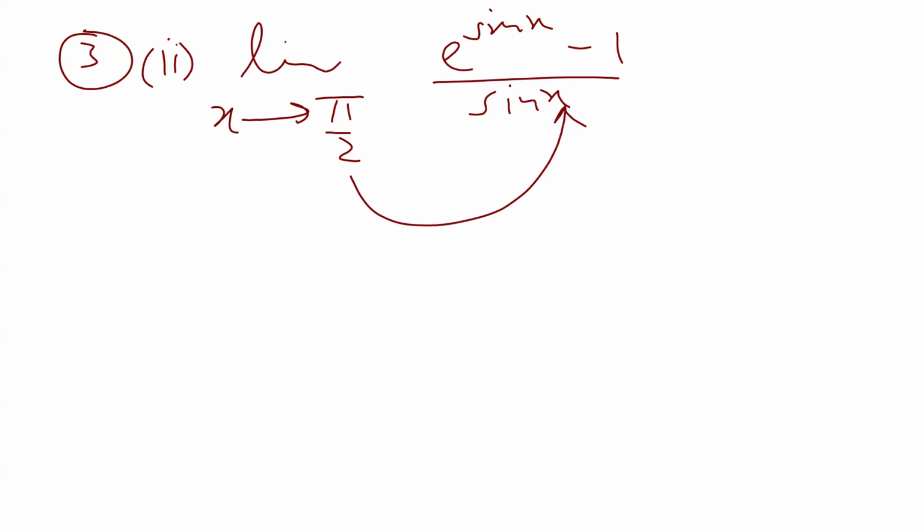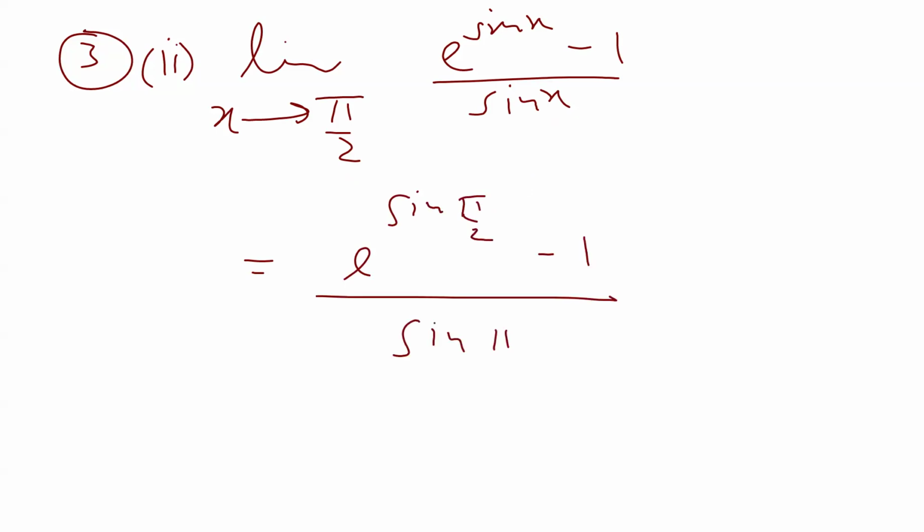Sin 90 is 1, so directly put the value of x as pi by 2. So this is e minus 1. Guys, you understood this correction which I've done? Yes, sir.